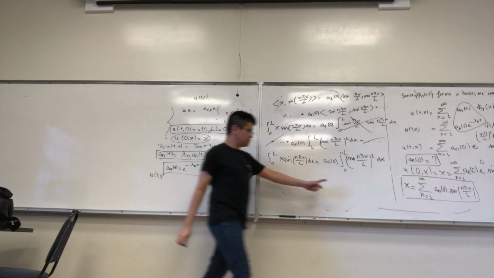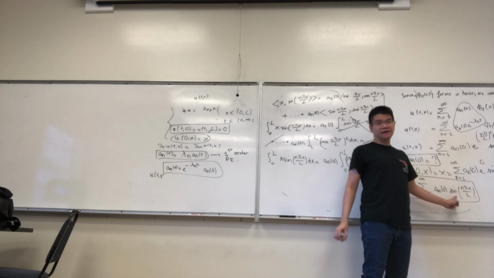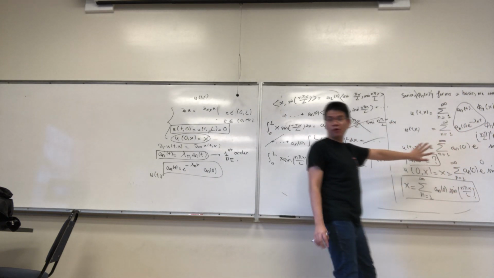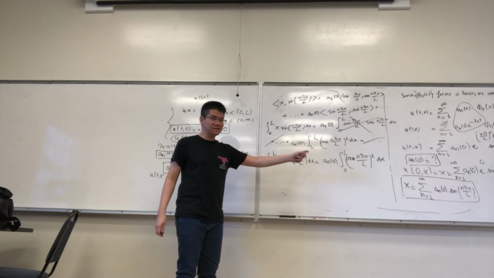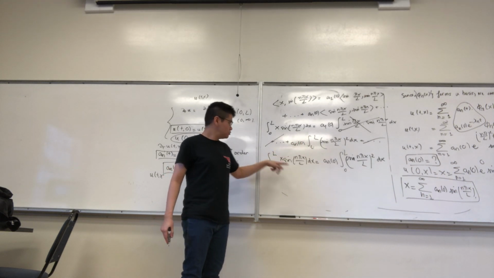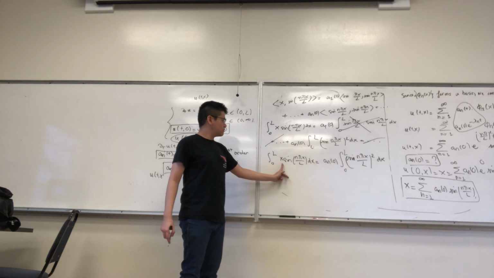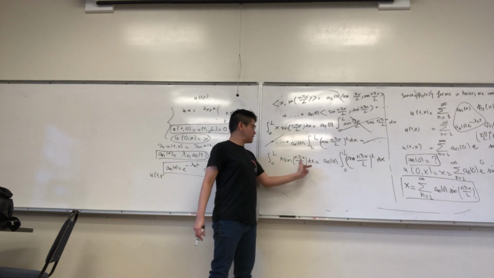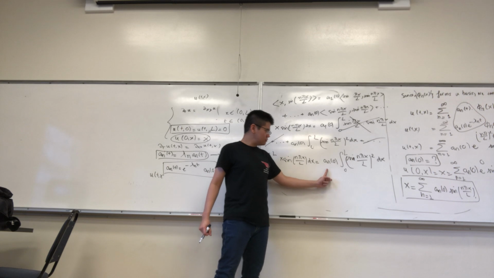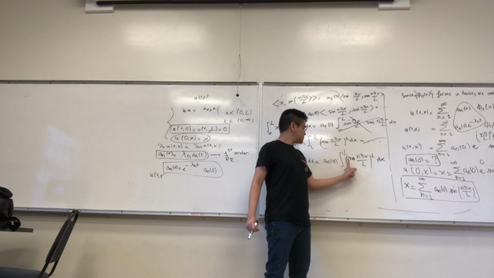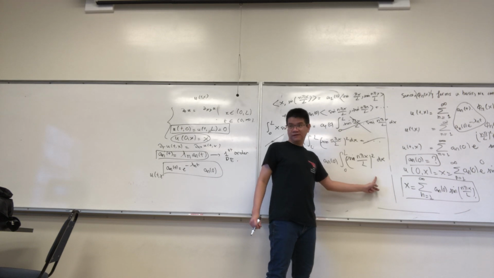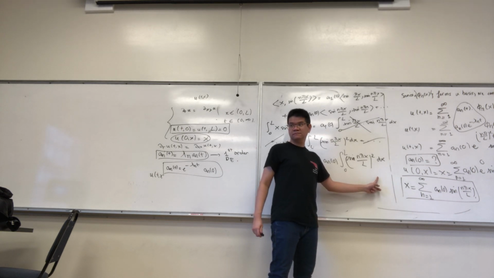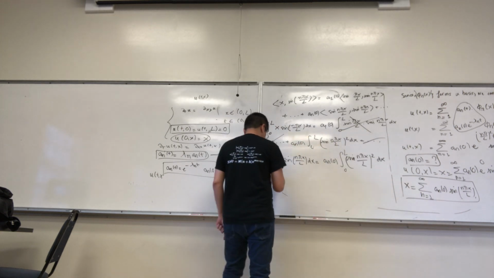So when you take the inner product of this series with sine, everything else will drop except the sin(n pi x over L) term, which means that the inner product of x with sin(n pi x over L) will be a_n0 times the inner product of sin(n pi x over L) with itself. Is it clear?